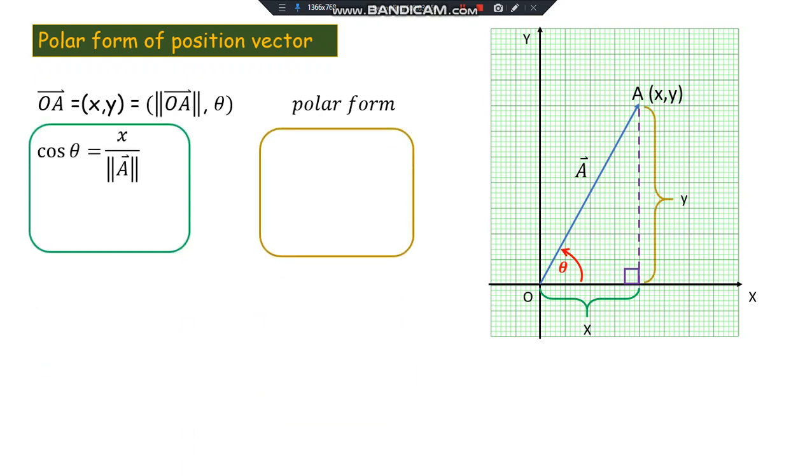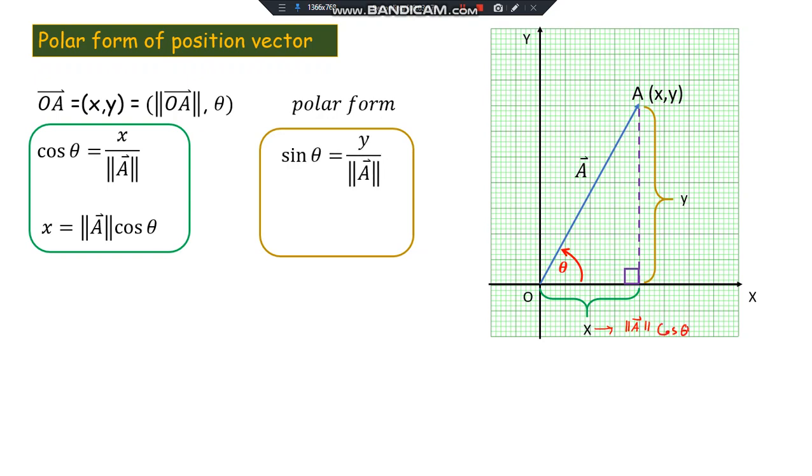So we have cosine theta equals x, which is adjacent, over the hypotenuse, norm A. So if you want to find the x coordinate of the position vector OA, we make cross multiplication, so x equals norm A cosine theta.